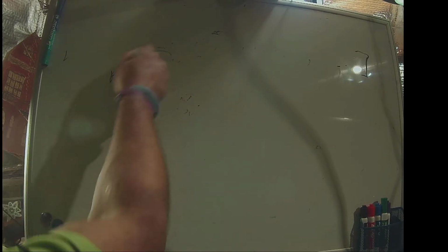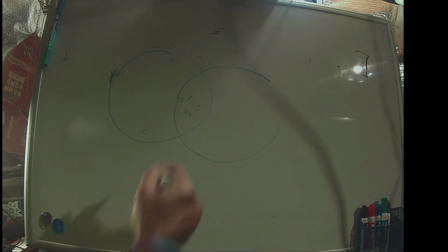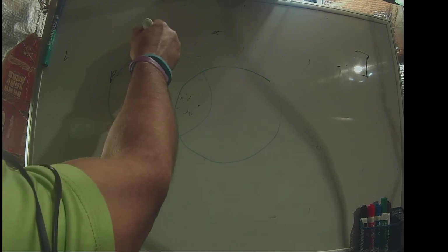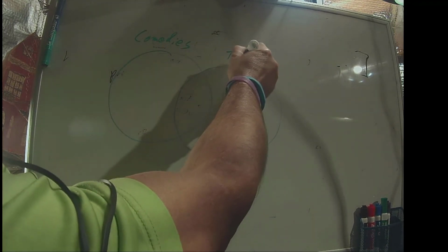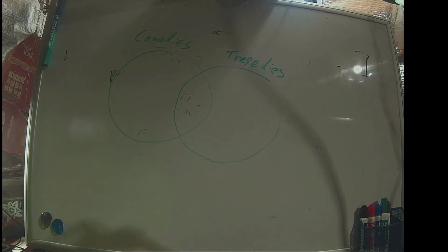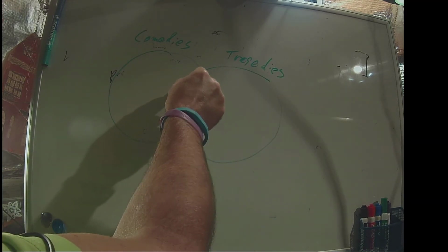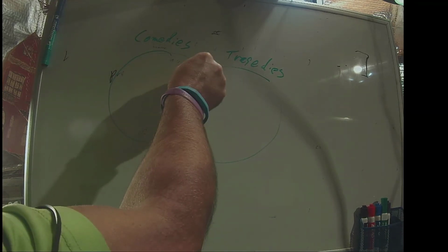Right, so if we have our Venn diagram and we have two entries, right? Let's say this is comedies, tragedies. Sometimes there's dramatic comedies that would fall into this area.